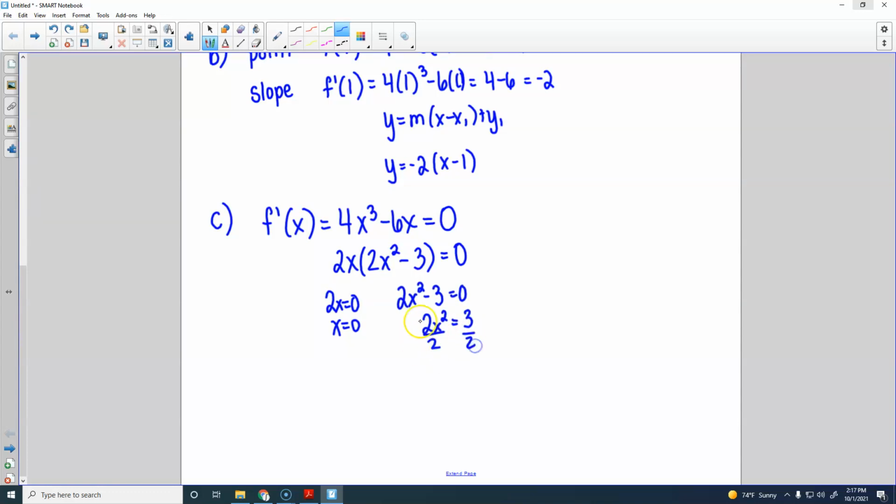Divide by 2. X squared is 3/2. And square root both sides. X equals plus or minus square root of 3/2. Don't simplify that either. You can rationalize the denominator on that, but don't. You can leave it like this.